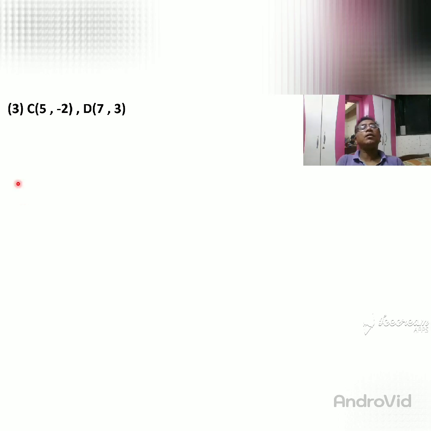Then we find the slope of CD. The coordinates of C are 5, minus 2, so x1 is 5 and y1 is minus 2. x2 is 7 and y2 is 3.